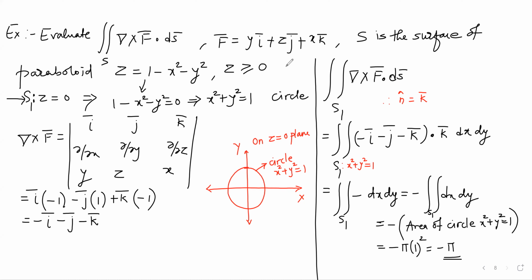So it will be minus pi a square. Okay, now we'll move ahead to the next.